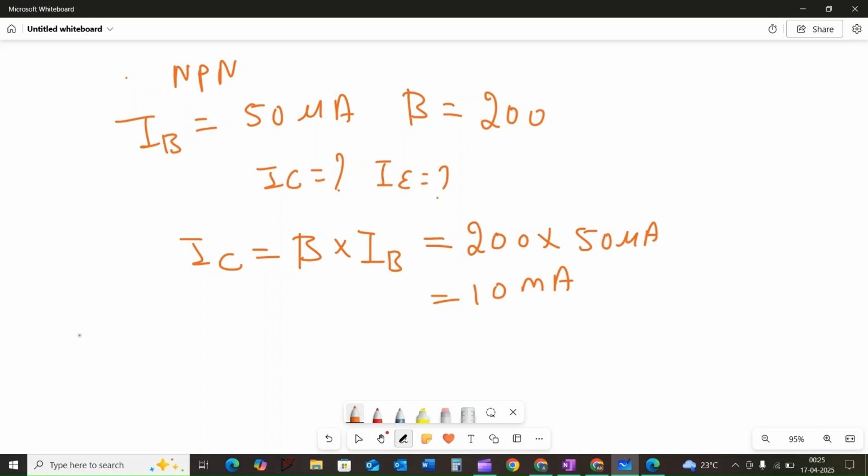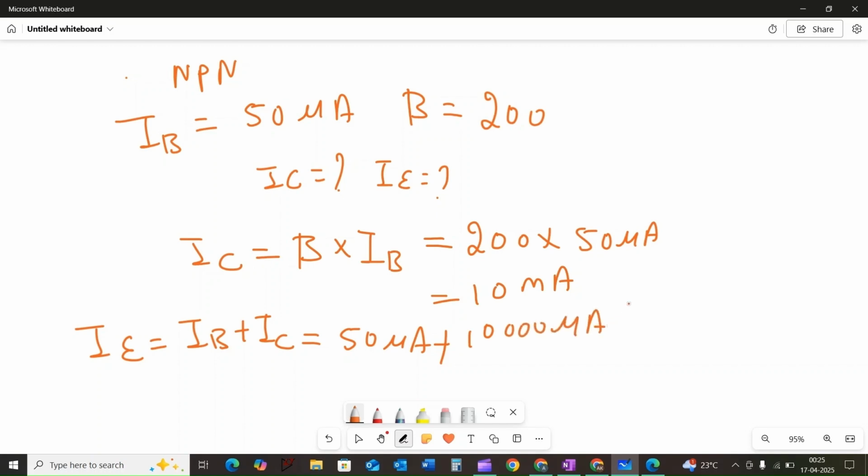So the emitter current IE is equal to IB plus IC, which is equal to 50 microamps plus 10,000 microamps, which is equal to 10,050 microamps, or we can call it 10.05 milliamps.